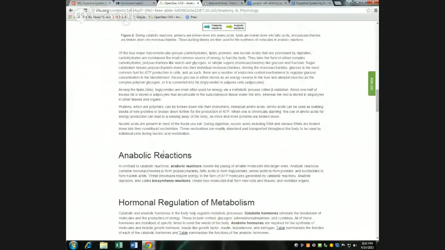So a catabolic reaction would be sugar being broken down to release energy for ATP production. An anabolic reaction would be amino acids being joined together to make a protein chain. But there are a lot more examples of these kinds of reactions.